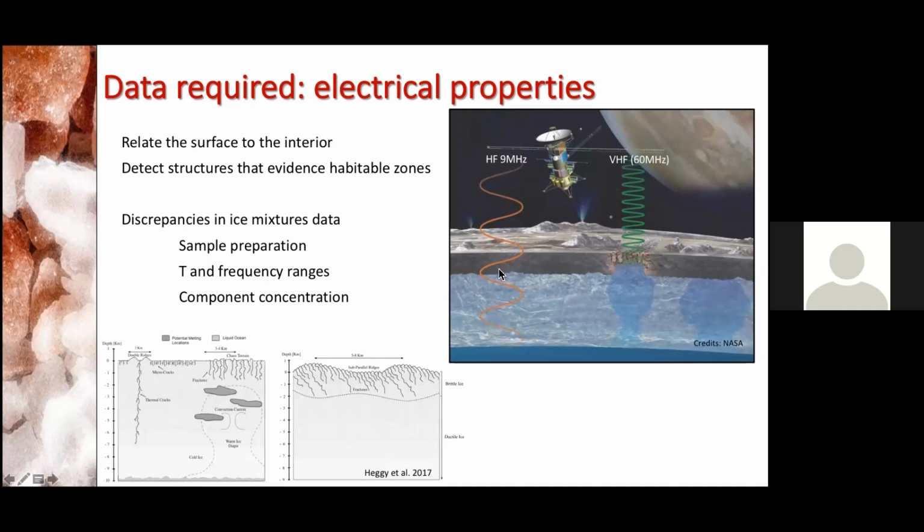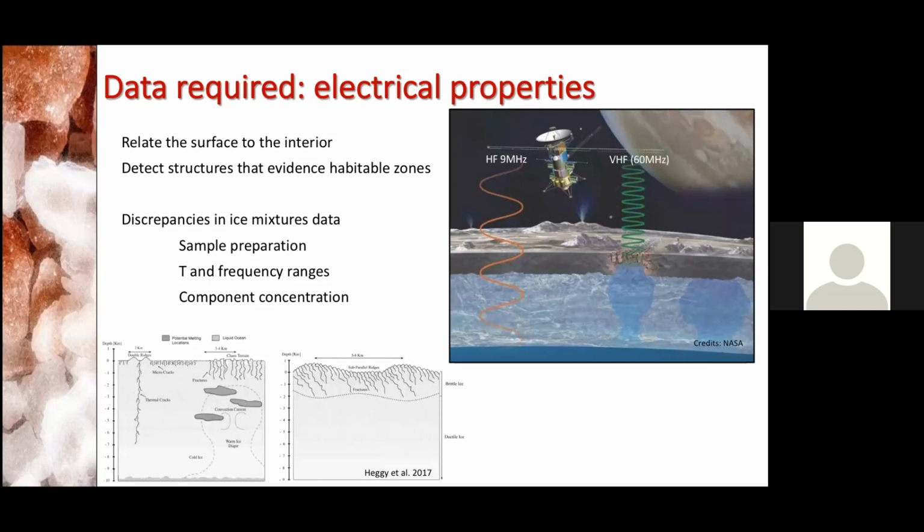So here you have a picture of Europa Clipper with both antennas, one that works at 9 megahertz and the other at 60 megahertz.